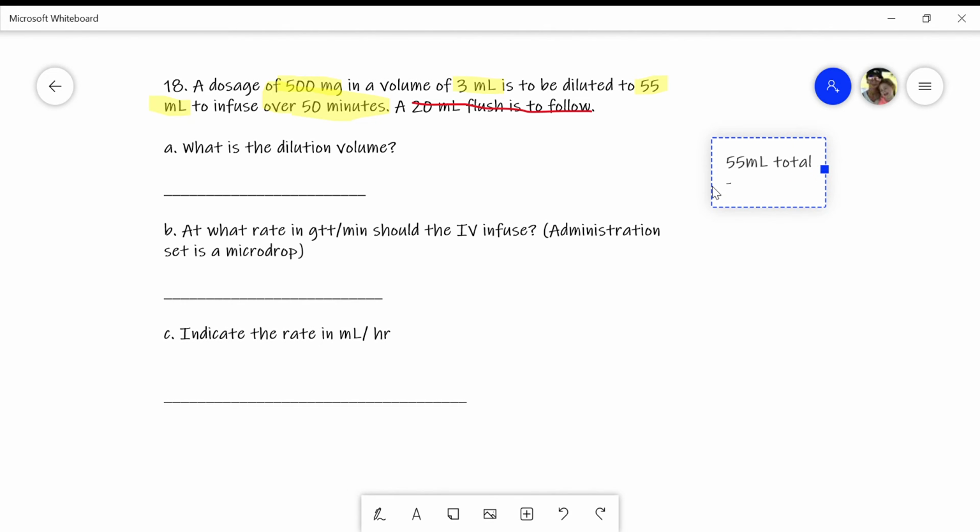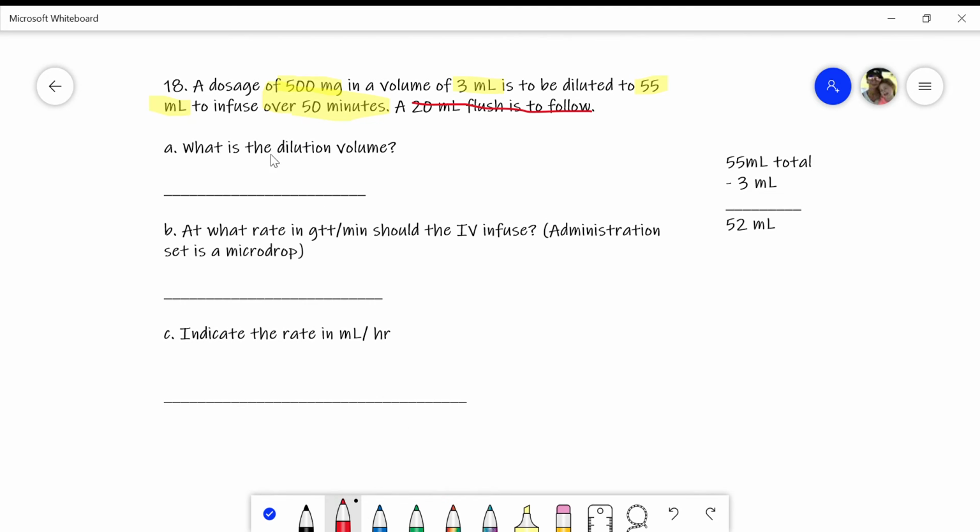So we're going to subtract the 3 milliliters, which is, you know, your original, and that's going to give you 52 milliliters. And this is what I struggled with, is it's asking for the dilution volume. It's not asking you what is the total number. It's actually, like if you were diluting it with saline, how much of the saline are you going to put in? So that is that.